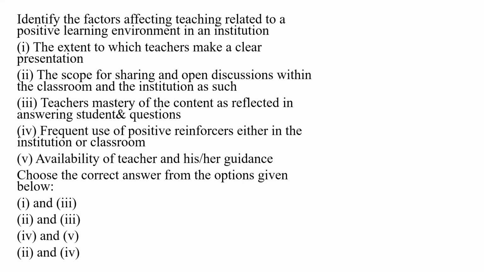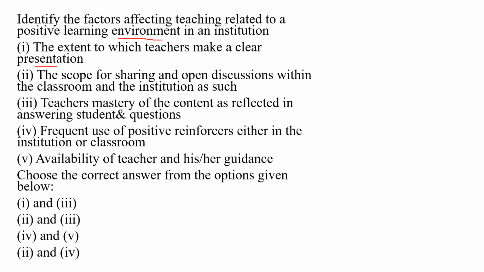Identify the factors affecting teaching related to the positive learning environment in the institution. So here in this question they have given you some options and told you to identify the factors which affect teaching related to the positive learning environment in the institution. The first option is the extent to which teachers make a clear presentation.